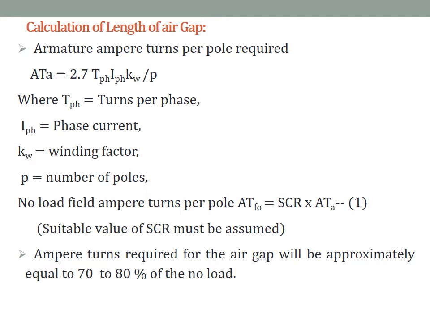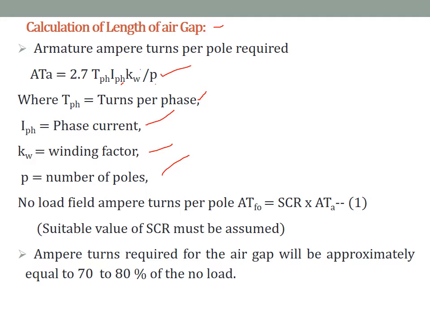Now, how to calculate the length of air gap? Here, armature ampere turns per pole required is found using this equation: 2.7 TPH IPH Kw by P. TPH is the turns per phase, IPH is the phase current, Kw is the winding factor, P is the number of poles.